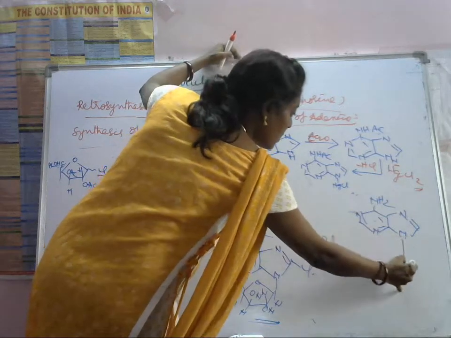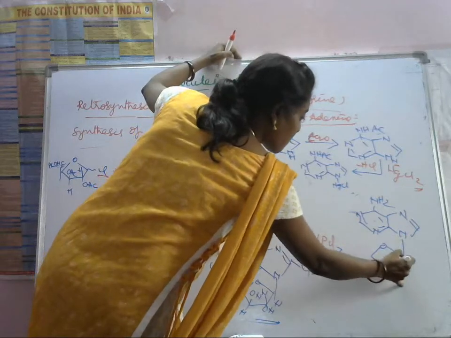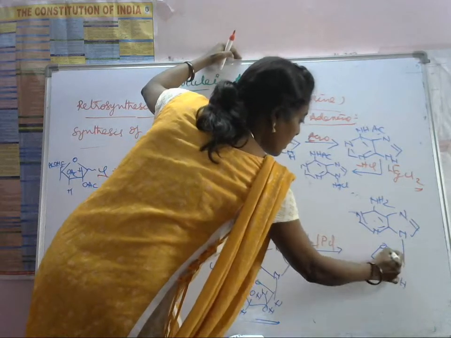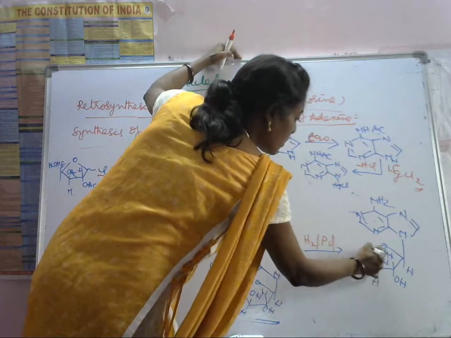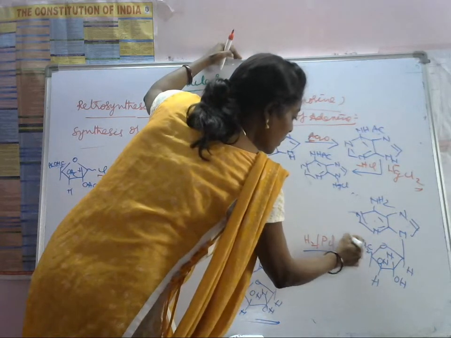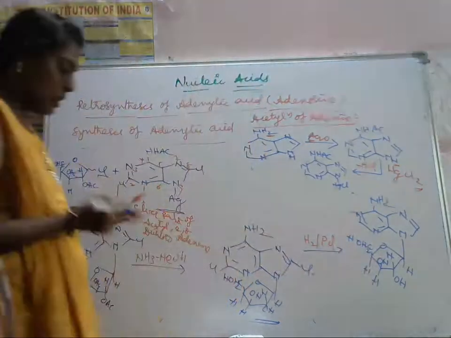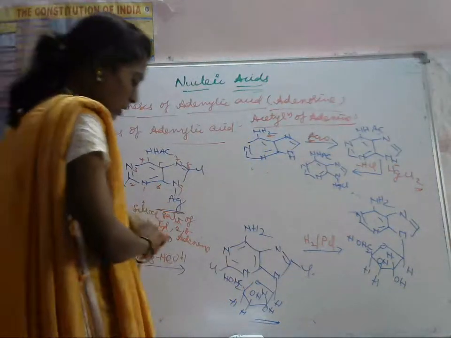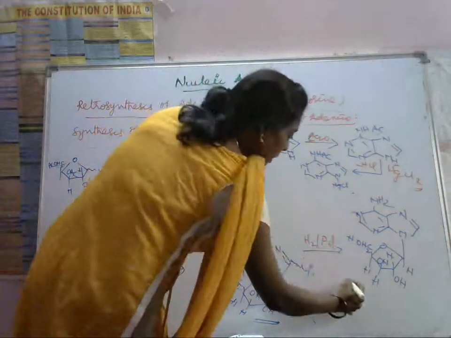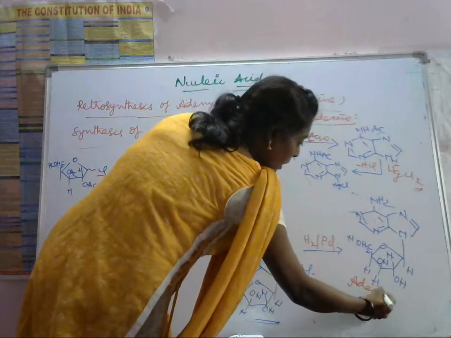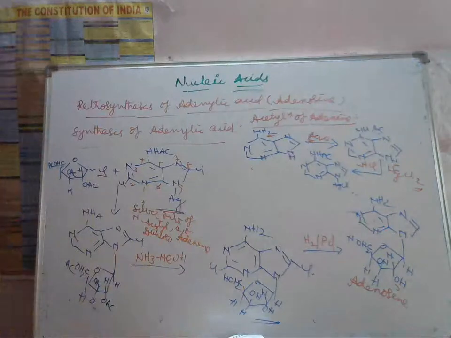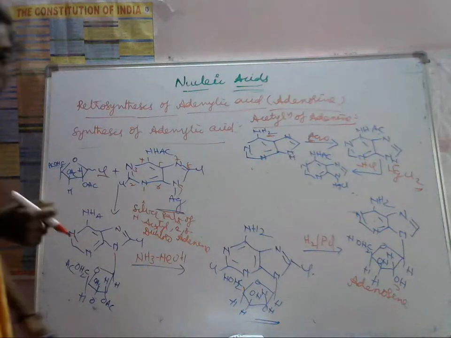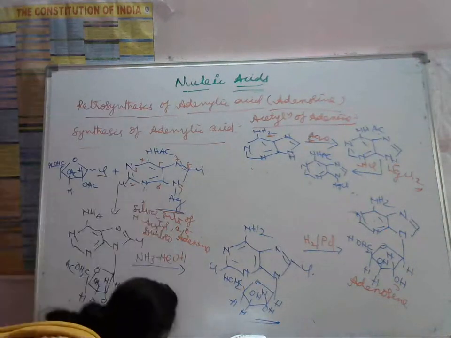Next it forms here OH, H, CH2OH, H. So this is the adenosine. Like that we have to synthesize the adenosine.